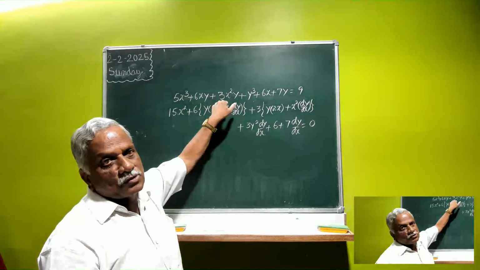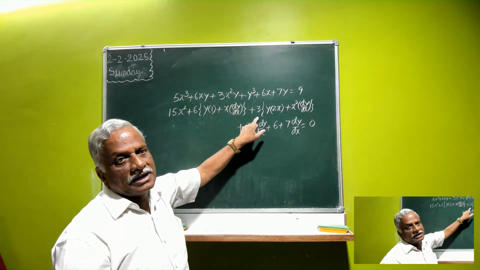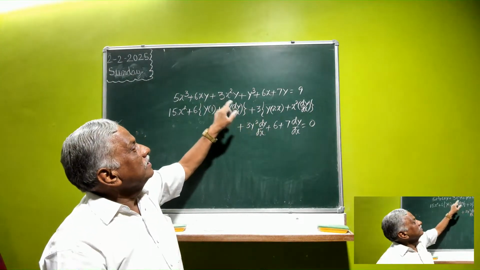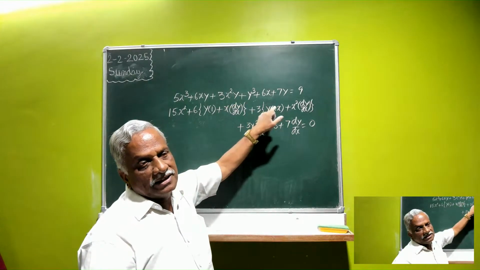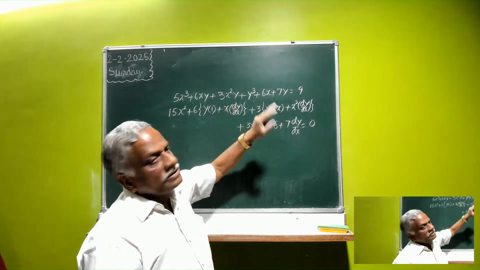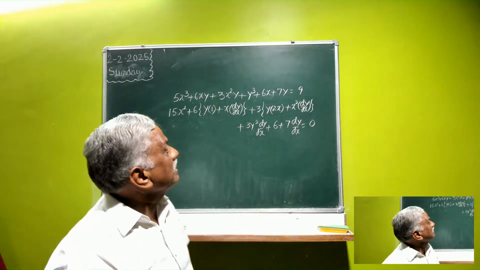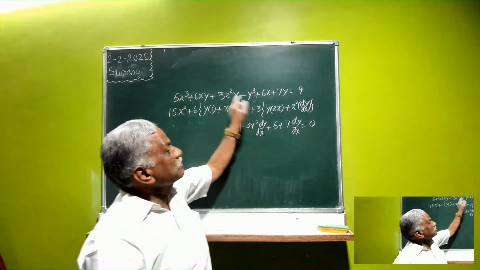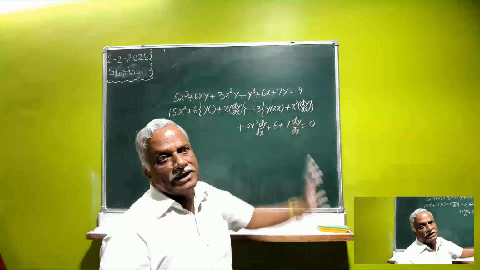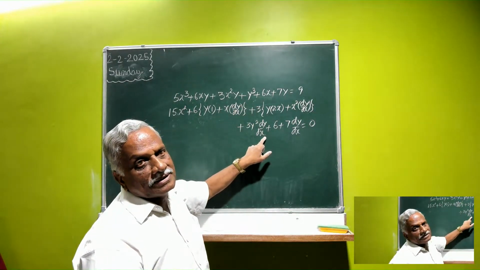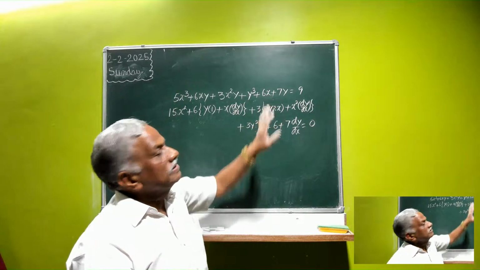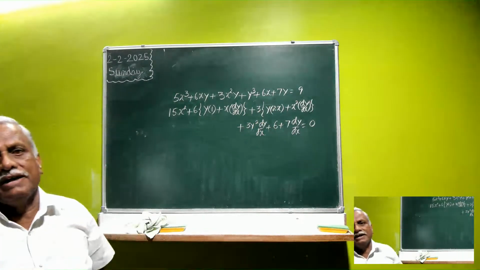Again, we notice it's also a product, so keep 3 outside, of course, the constant outside. You keep y as it is, differentiate x square, and keep x square as it is and differentiate y. Here it is x square, therefore 2x, then it is dy by dx. Then I come here, this is 3y square dy by dx, x is 1, therefore it is 6, and 7 is a constant, y is dy by dx.